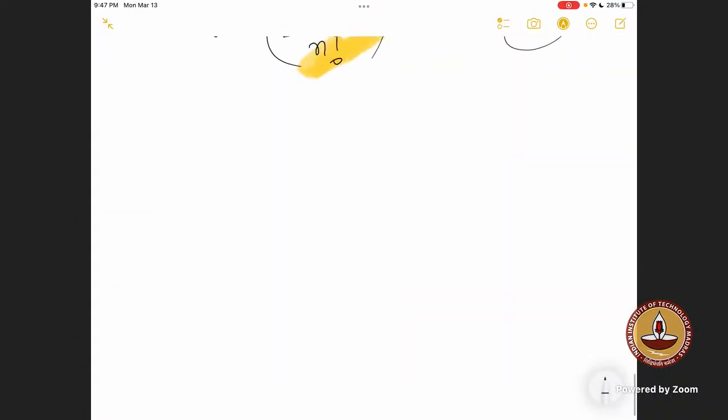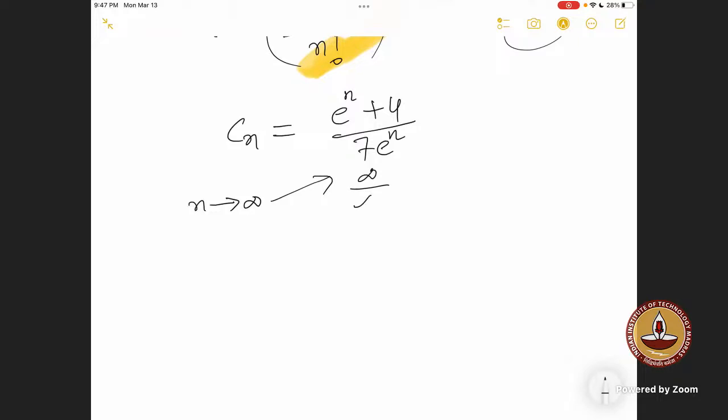Okay, so 1 minute. Tell the algorithm 3. What is it? Cn is e to the power n plus 4 divided by 7 e to the power n. Now as n tends to infinity, this part will be infinity by infinity, right? Yes, sir. Numerator also tends to infinity, denominator also. So we have to make some adjustment.